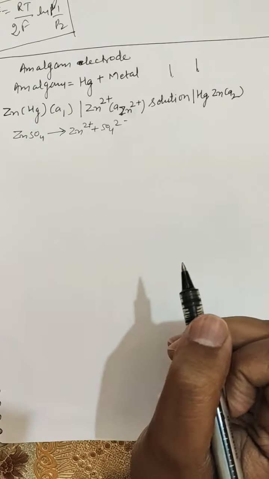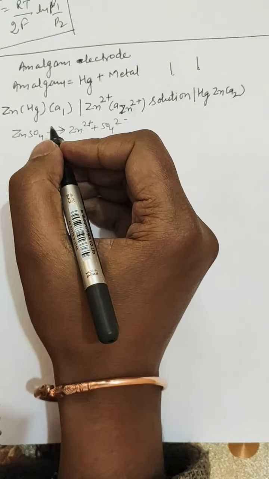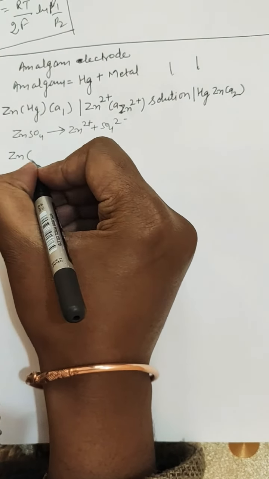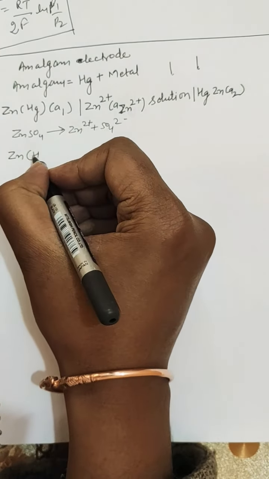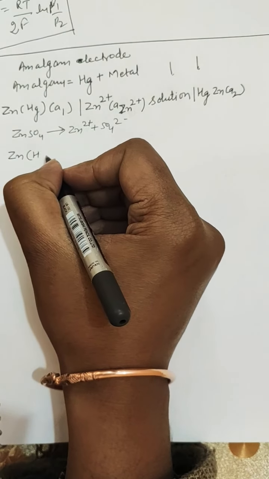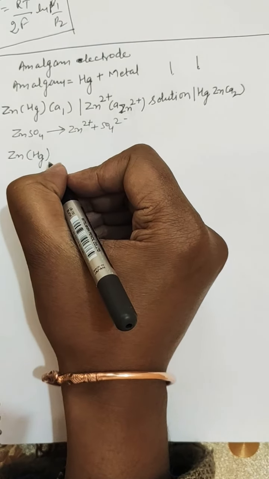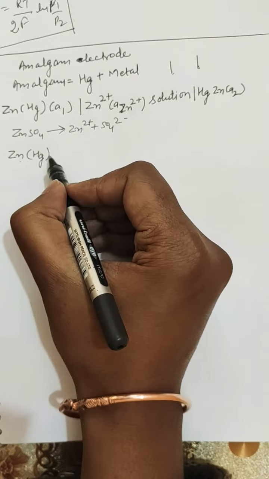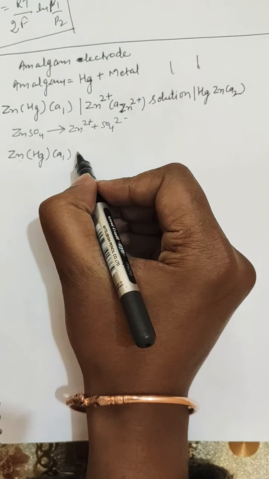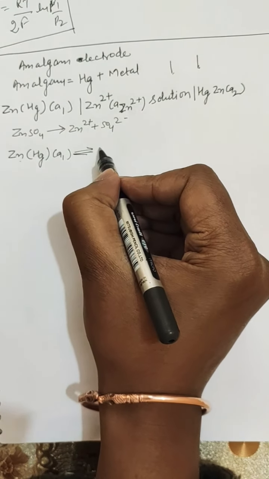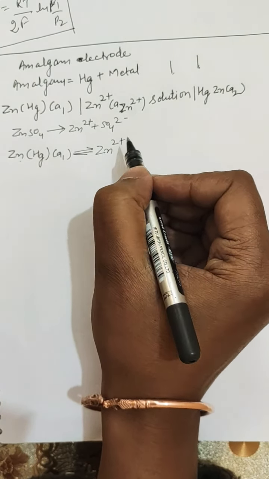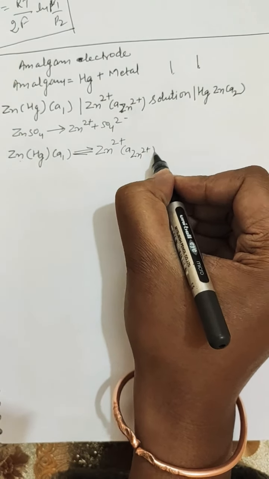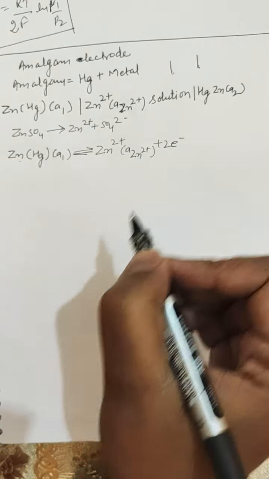So what is the oxidation reaction at the left hand electrode? I hope that till now you have learned to write the oxidation reaction of an electrochemical cell. It's very simple. Zinc amalgam, so zinc plus mercury, its activity is A1, and it is undergoing oxidation and losing 2 electrons, that is zinc 2 positive, and its activity is A Zn2 positive, plus it's losing 2 electrons.